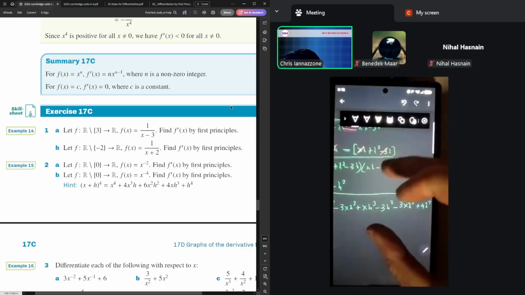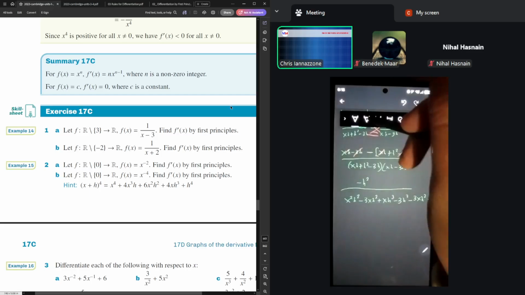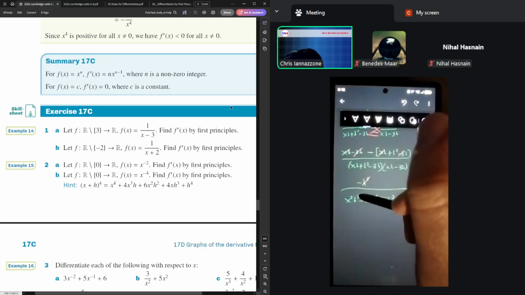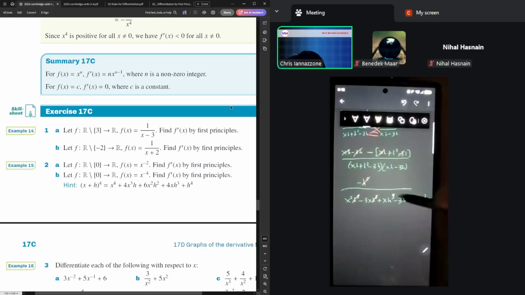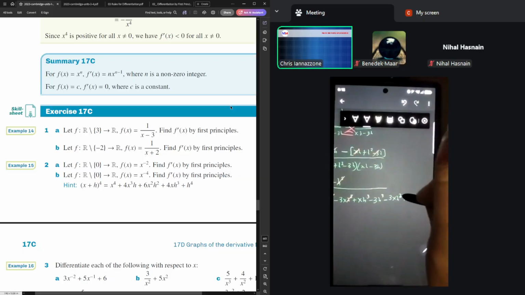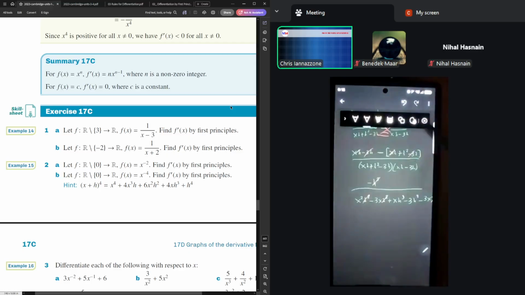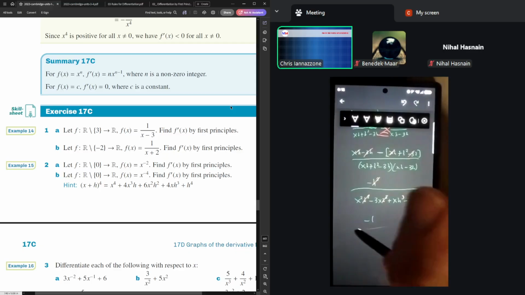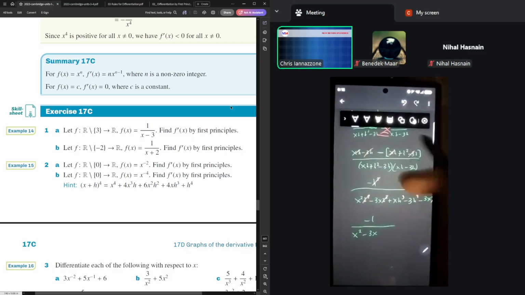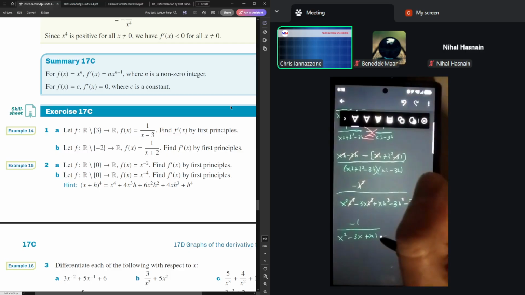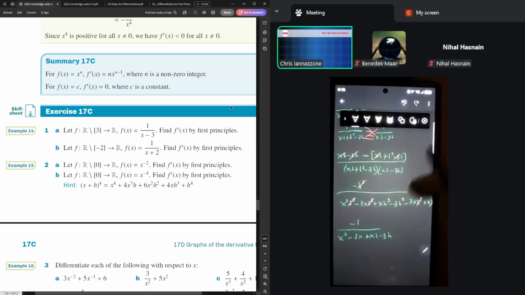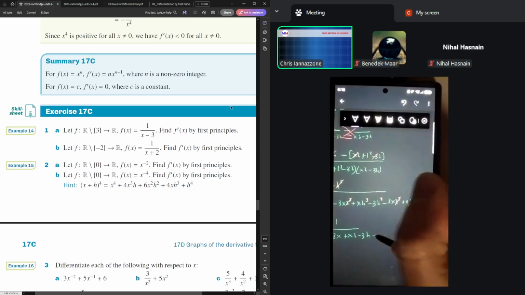There's an h squared in everything, so that will now cancel down along with most of these, leaving you with negative 1 on x squared minus 3x plus xh minus 3h minus 3x.